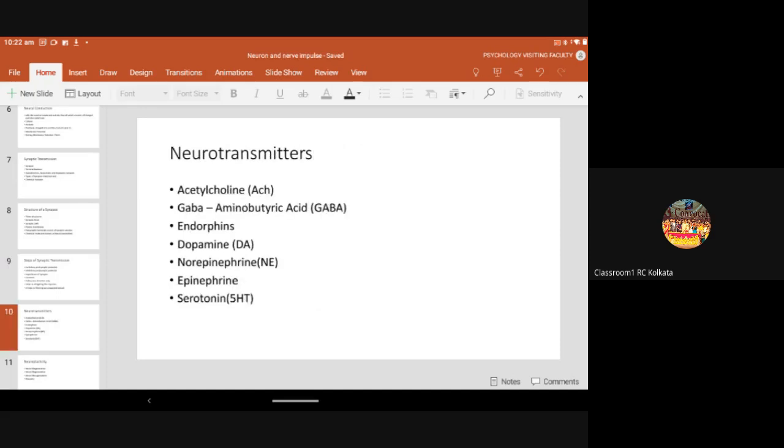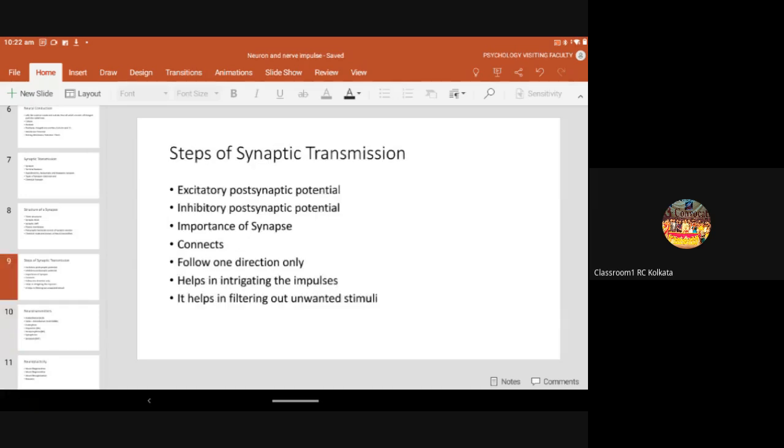So this is all about the importance and the steps of the synaptic transmission. And now today I will start with this portion, that is the importance of synapse. As you all know, I told you in the previous slide what the functions of synapse are.